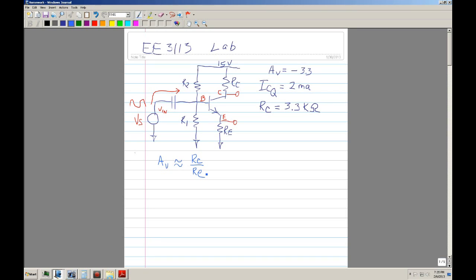That's it. It's the ratio of that. So RC is supposed to be 3.3K, and if he wants 3.3 as a gain, then 3.3 is equal to 3.3K divided by RE.